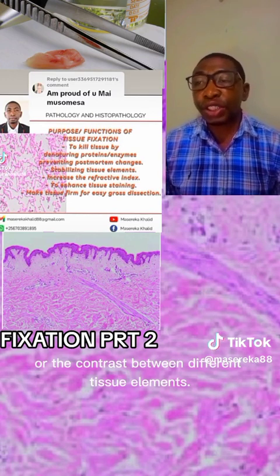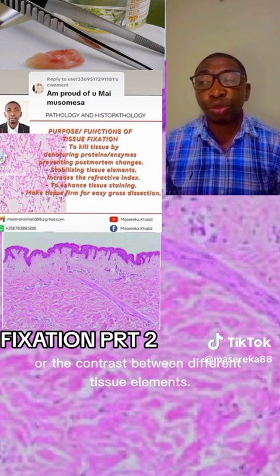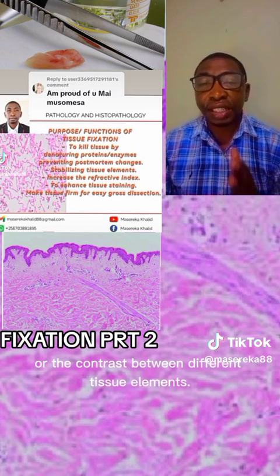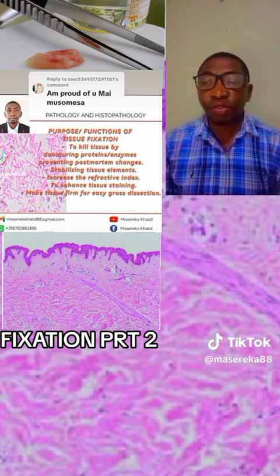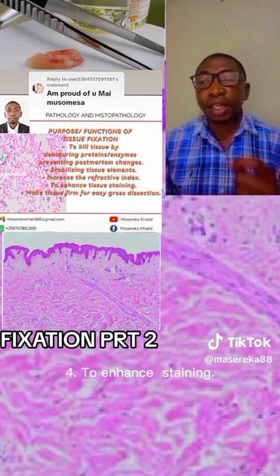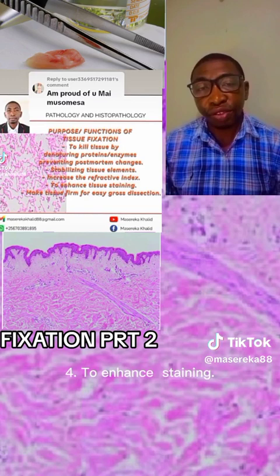So if air and tissue had the same index of refraction, tissue would be invisible. Therefore, enhancing the differences in refractive indexes of various tissue structures increases the contrast between those different structures.